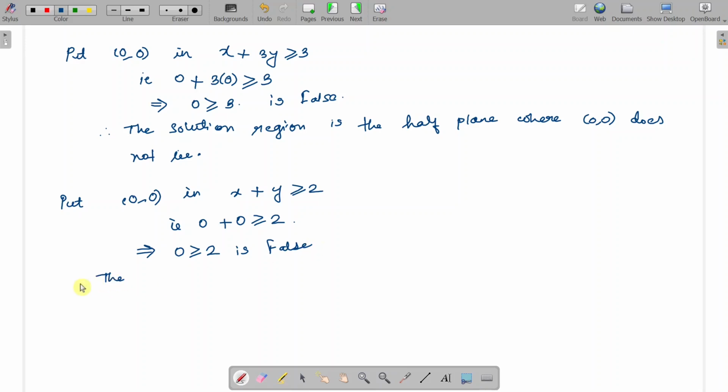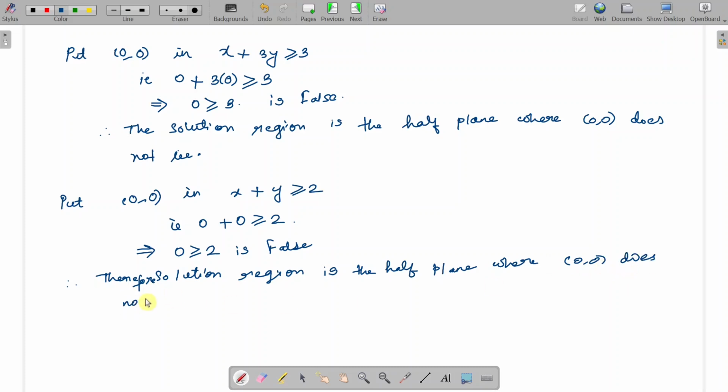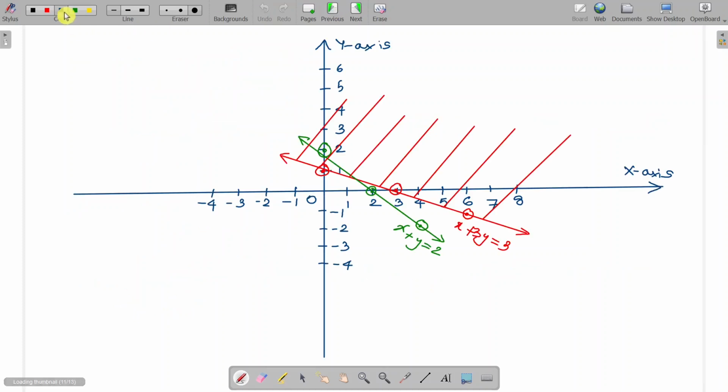Therefore the solution region is the half plane where 0, 0 does not lie. So if we mark the solution region, it is this.